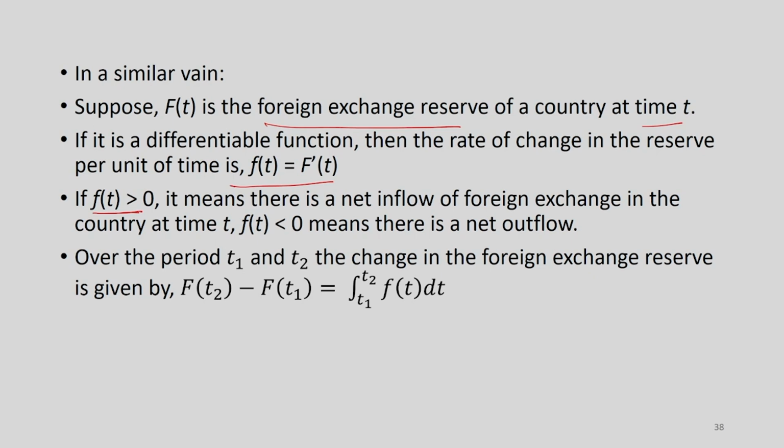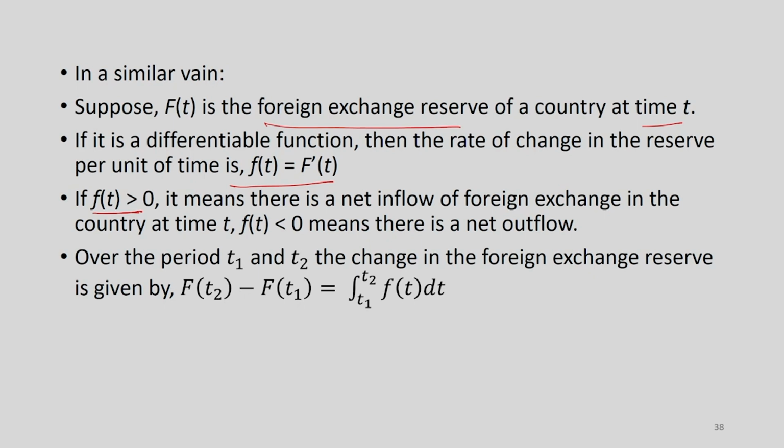As long as the rate of extraction is positive, the stock of oil, which was x t, will always be declining. But here capital F t, the stock variable, can increase if small f t is positive. It can also decrease if there is a depletion of the foreign exchange, which occurs if small f t is negative.